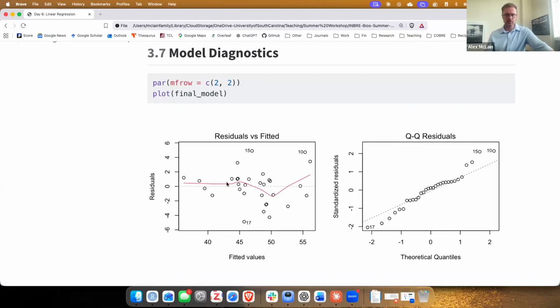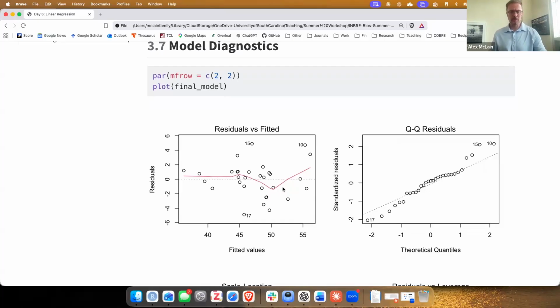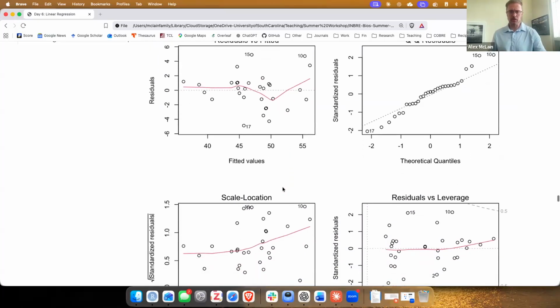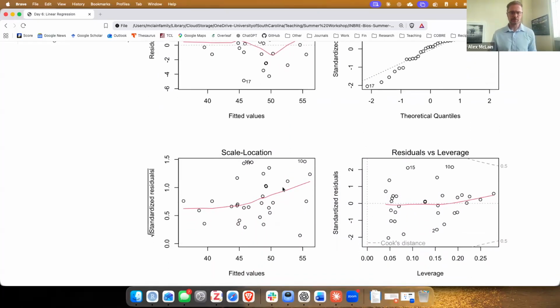We see some kind of strange pattern here with the residuals where they appear to be going down and then going up. Is that just that there's not many values here when the fitted value is, say, 51 or so? Or is it something actually there? It's kind of hard to say in this situation.